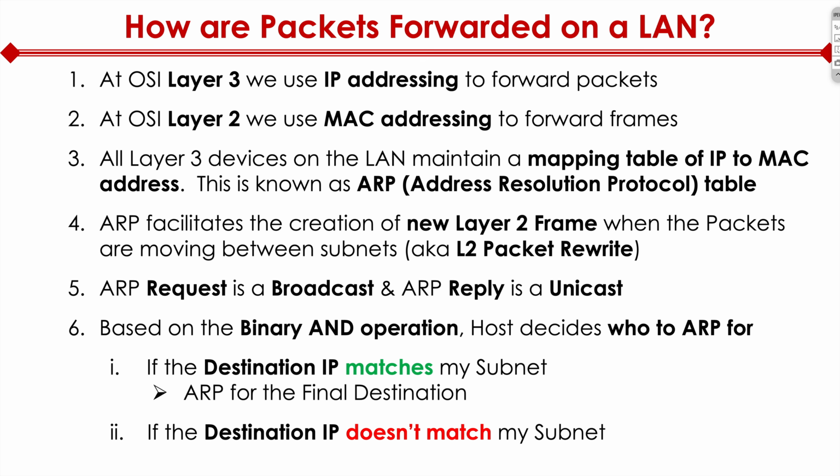But if the destination IP doesn't match my subnet, then that means I need to go and talk to my default gateway or a router in the middle, also known as an intermediary router, and let that router figure out how to get me to the final destination.